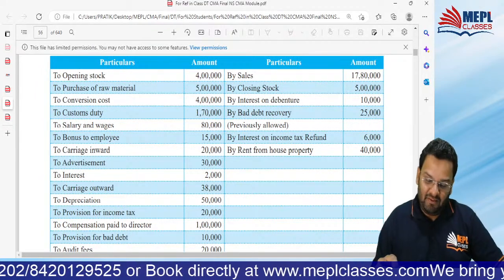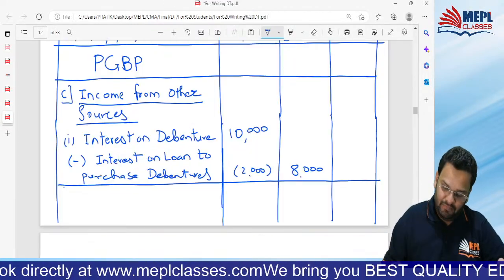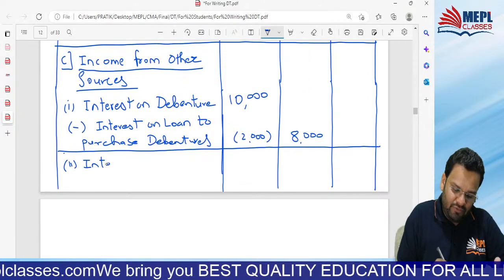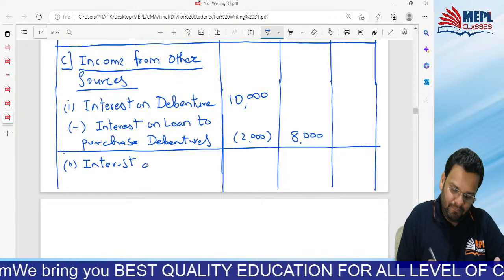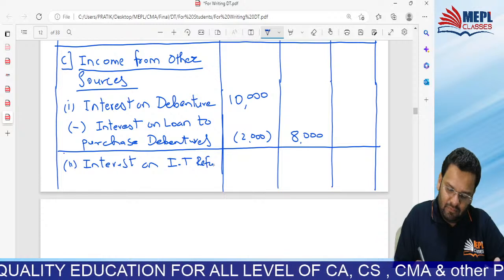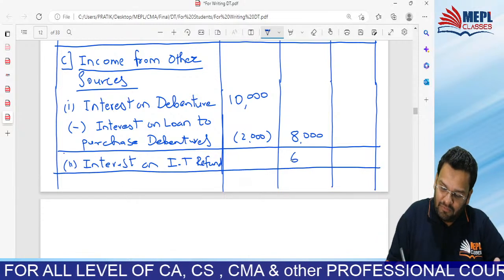Okay. And then interest on income tax refund. Interest on income tax refund is 6,000.